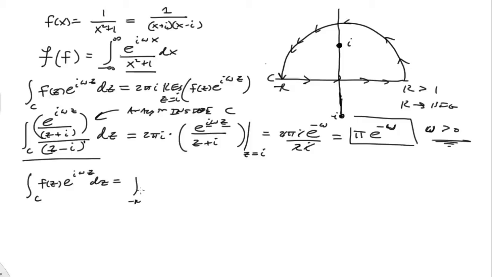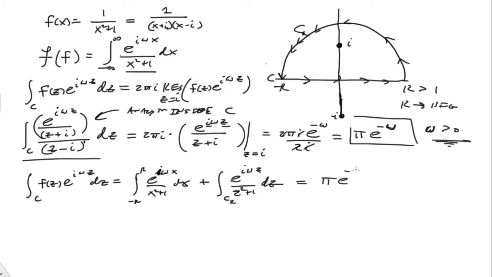One is the integral from negative R to R of e to the i omega x over x squared plus 1 dx, plus the integral over CR, this top half, of e to the i omega z over z squared plus 1 dz. And that whole thing, provided capital R is bigger than 1, is equal to pi e to the negative omega.